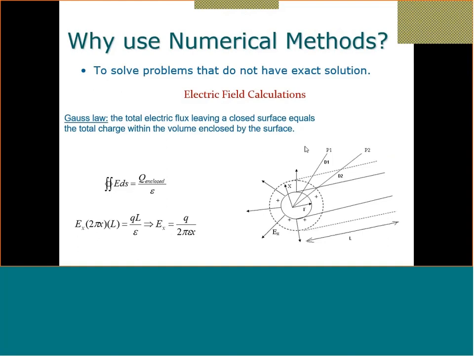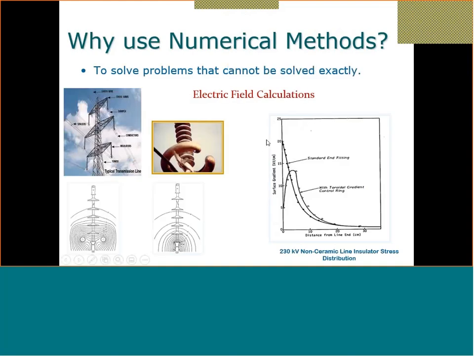Now, if I have a much more complicated system, like this overhead line, in these overhead lines we have insulators that carry the conductors, which we use to transmit power. At the connection point between the insulator and the conductor, we have what we call a corona ring, to minimize the electric field.